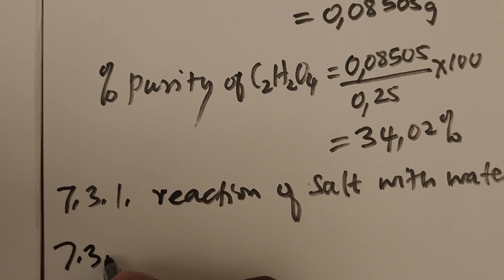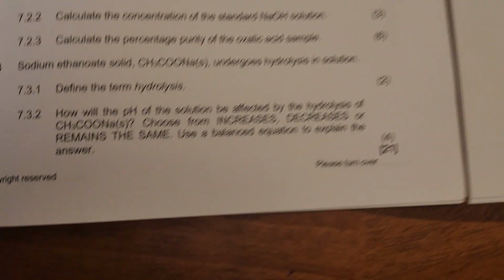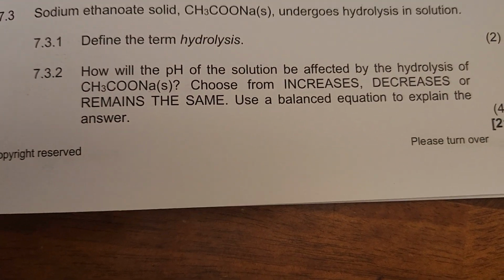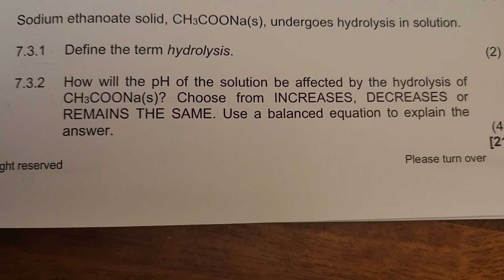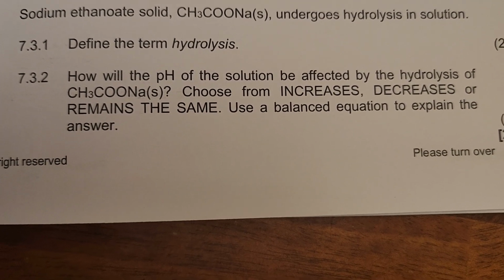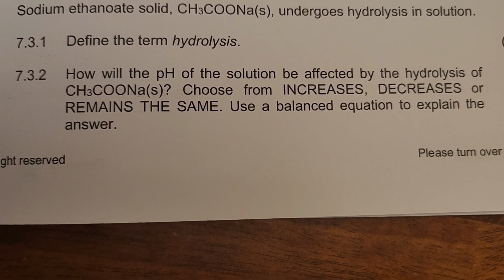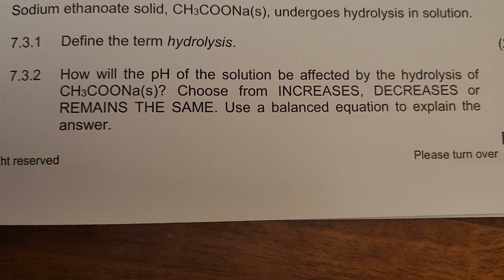7.3.2, the last question, is for 4 marks. According to the question, how will the pH of the solution be affected by the hydrolysis of sodium ethanoate? Choose from increase, decrease, or remains the same. Use the balanced equation to explain.